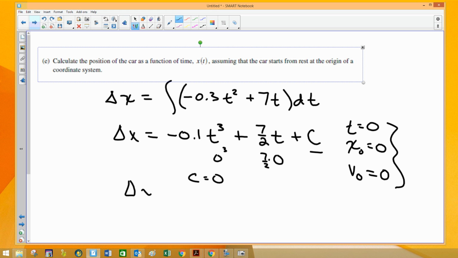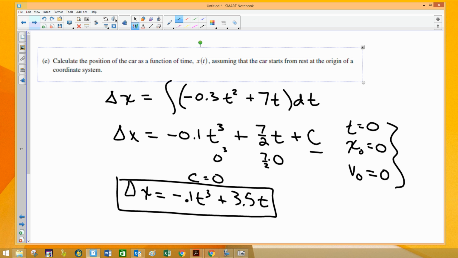So the change in position as a function of time is negative 0.1 t cubed plus 3.5 t squared. Part E was worth 3 points. Basically 1 point for each part: identifying position as the antiderivative or integral, evaluating the integral, using the initial conditions.